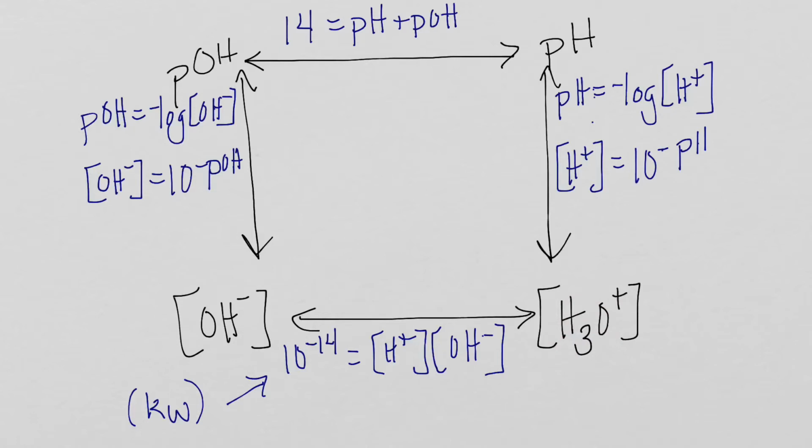So this is one where you can go straight from hydronium to hydroxide and vice versa. But this is so cumbersome and easy to screw up on a calculator that sometimes 3 easy steps is easier than one kind of tricky step. So I tend to avoid this step here. And if I have to go from hydronium ions to hydroxide, oftentimes I actually do all 3 of these steps instead of just this one step.